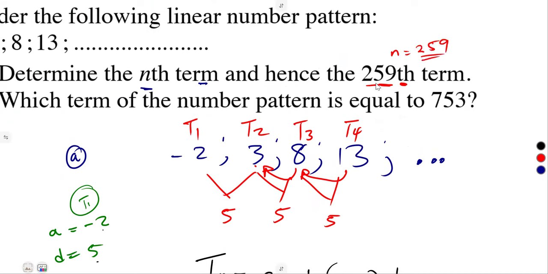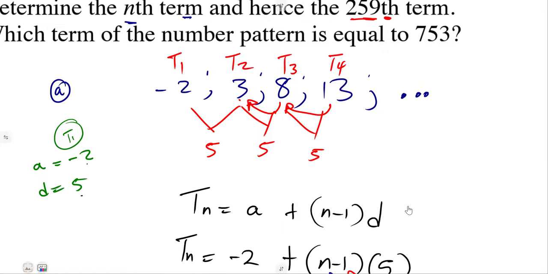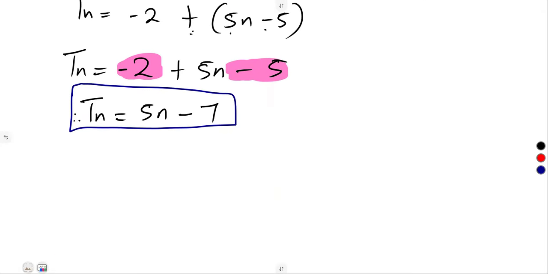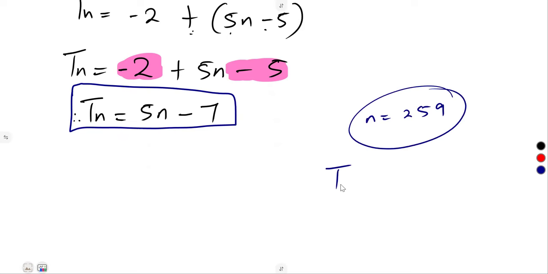Just know that n is 259, otherwise you might end up saying it another way. So when n is 259, let us find T259 from 5n minus 7.